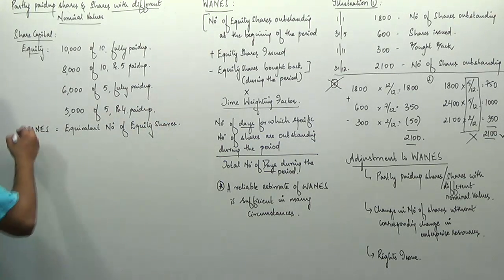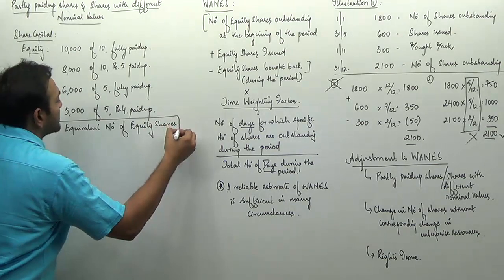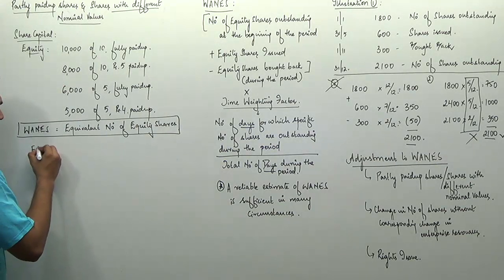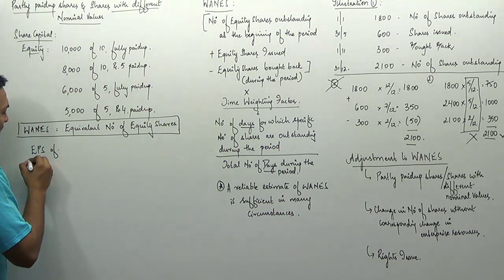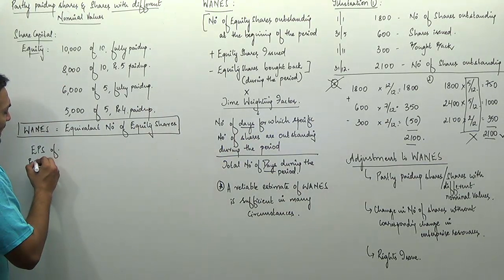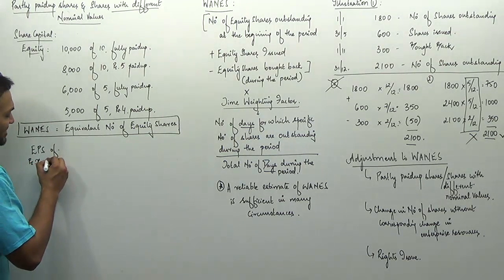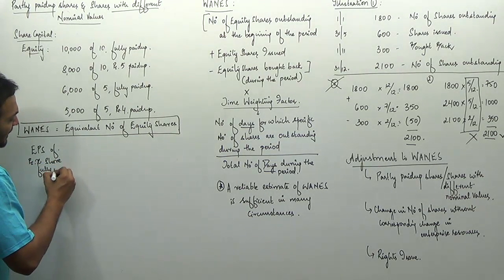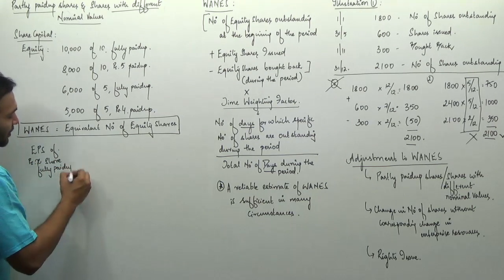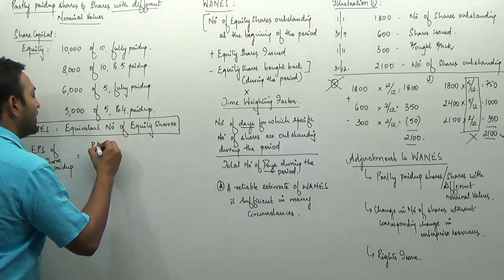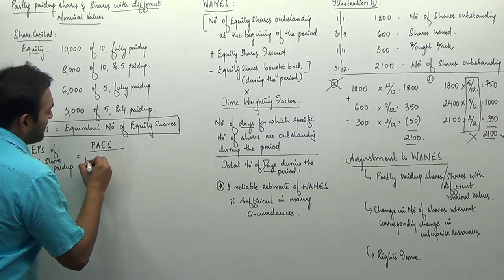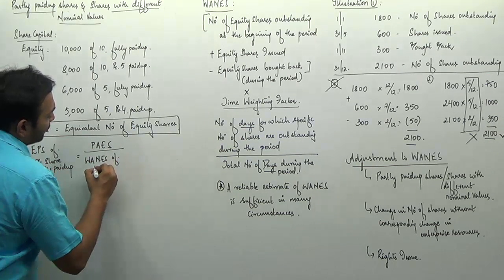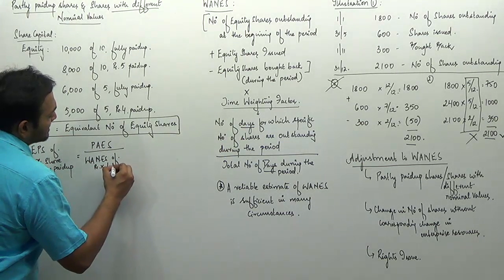In simpler terms, what is this equivalent number of equity shares? When you calculate EPS of rupee X shares, the EPS of a rupee X share fully paid up is equal to PAT divided by weighted average number of equity shares of rupee X fully paid shares.